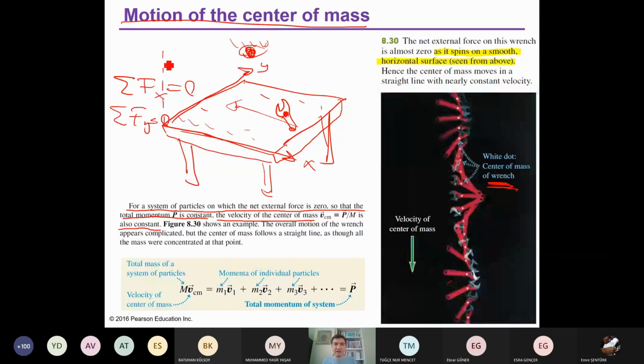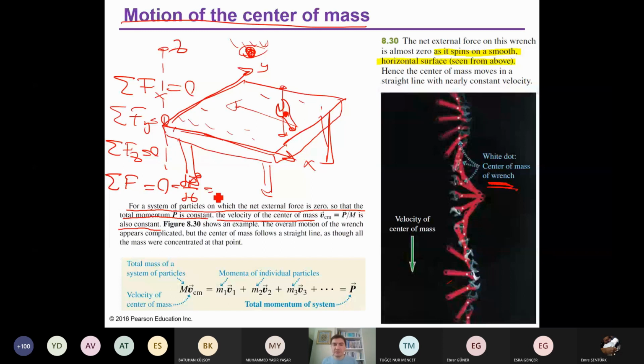Along the z-axis, we have weight and normal force. Since they are equal to each other, the net force along the z-axis is also 0. Then the total force acting on the system is 0, so the change in the momentum of the system is 0. Then momentum is conserved.